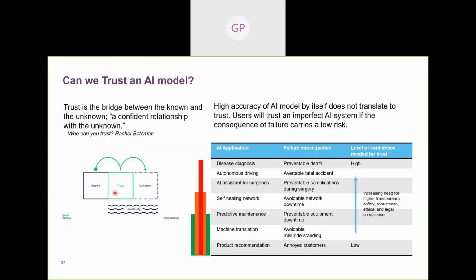Trust always takes time, whether trusting something or someone, going on to the unknown. This is a bridge that we want to make sure is taken care of in machine learning and AI. So high accuracy of an AI model by itself does not translate to trust.